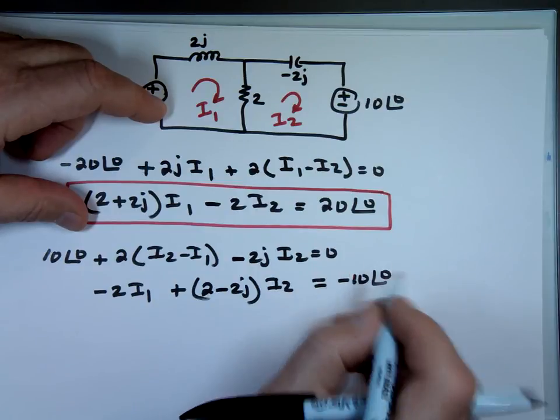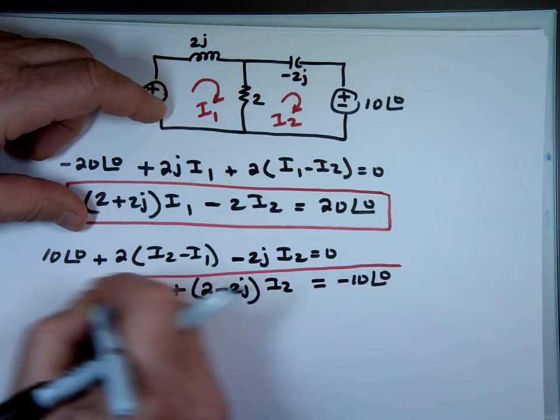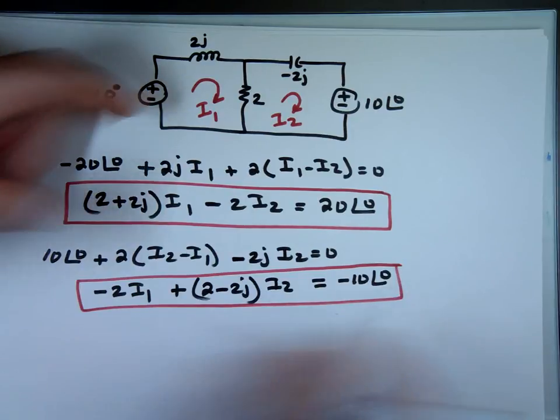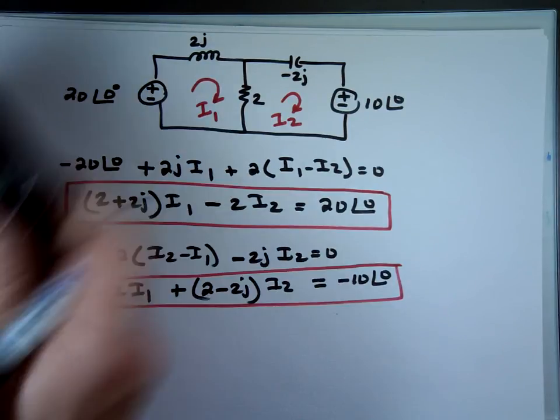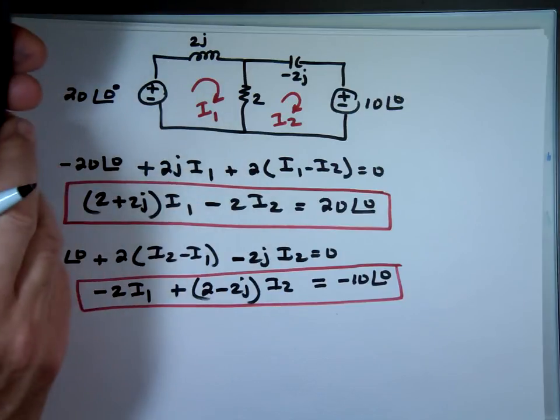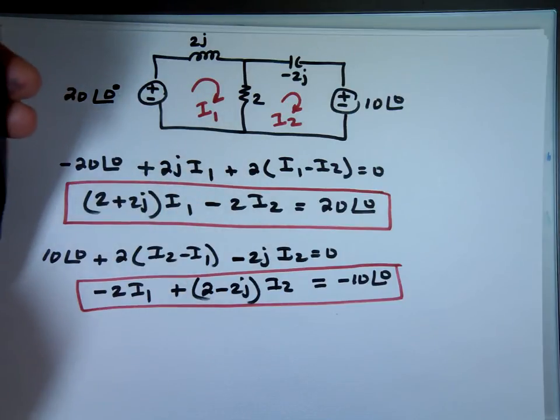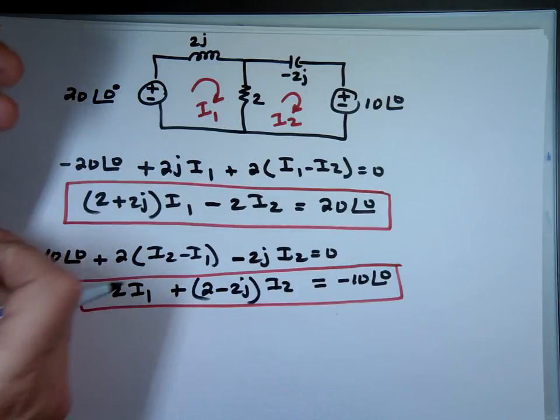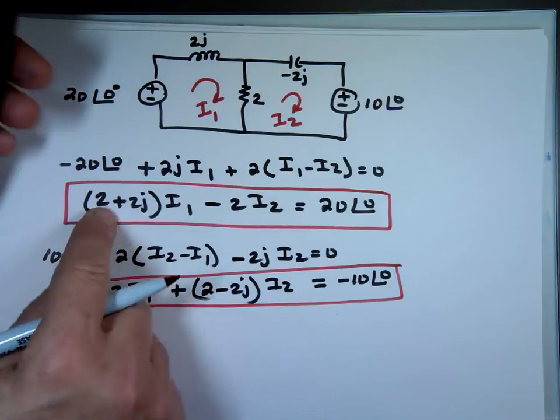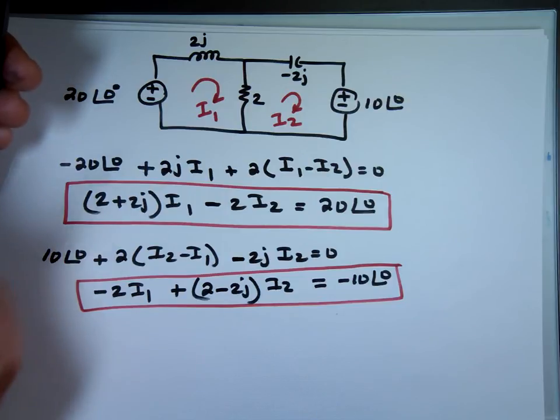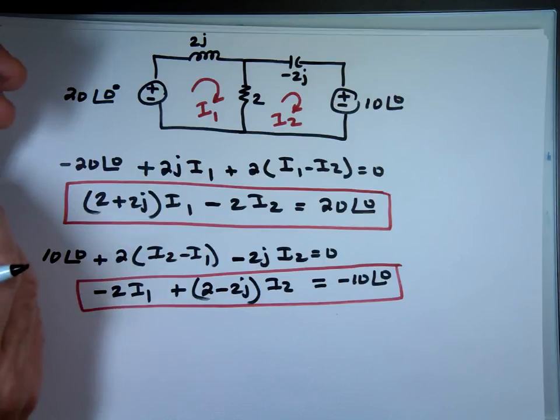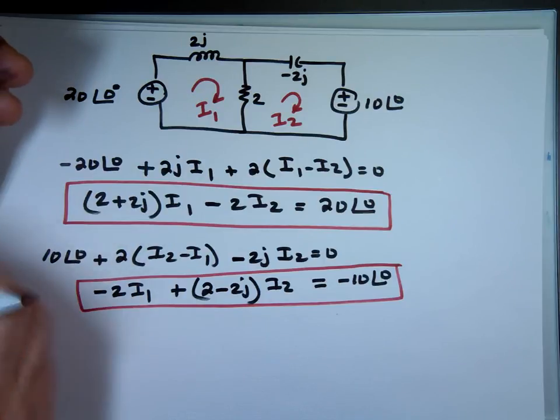I'll go to my calculator. I have two equations by two unknowns. I'll solve that and see what happens. Simultaneous equations, yep, two of them. Put in the coefficients for the first one, 2 comma 2, and the second one, -2. Enter.